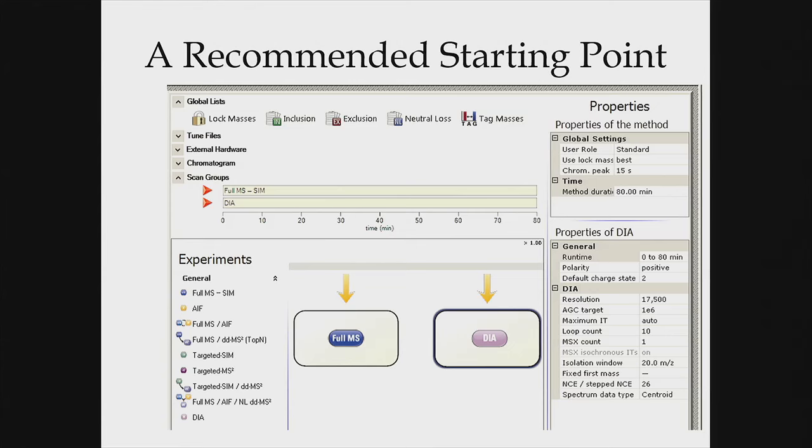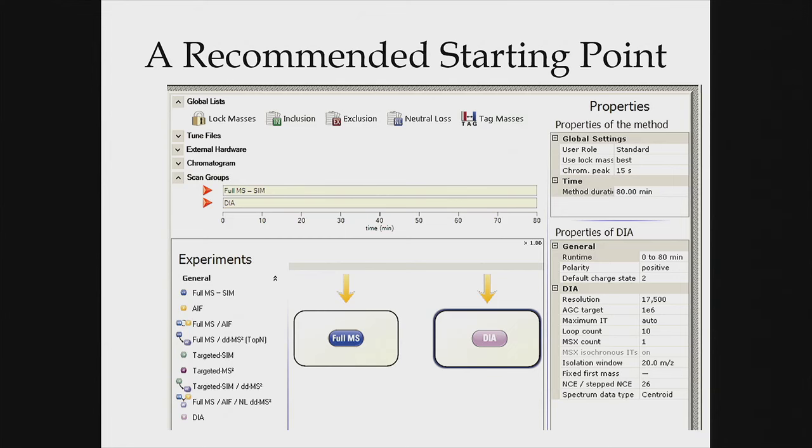I'd say a good starting point for the Q-Exactive is these 20 by 20 mass-to-charge wide windows, 1e6 AGC target for the DIA. The maximum inject time is set to auto, which puts it, I think, at 49 milliseconds. 20 mass-to-charge wide windows and default charge state of 2, and of course having the MS1 scan in there also.